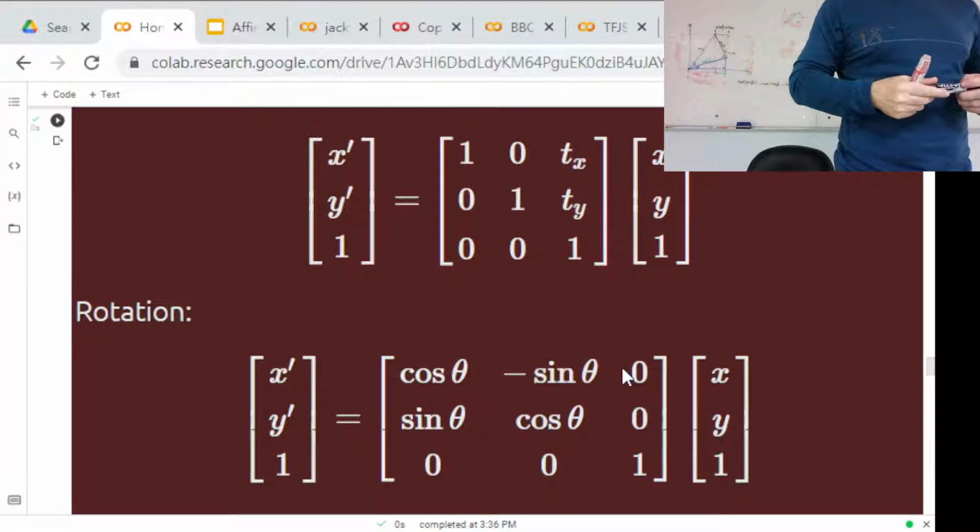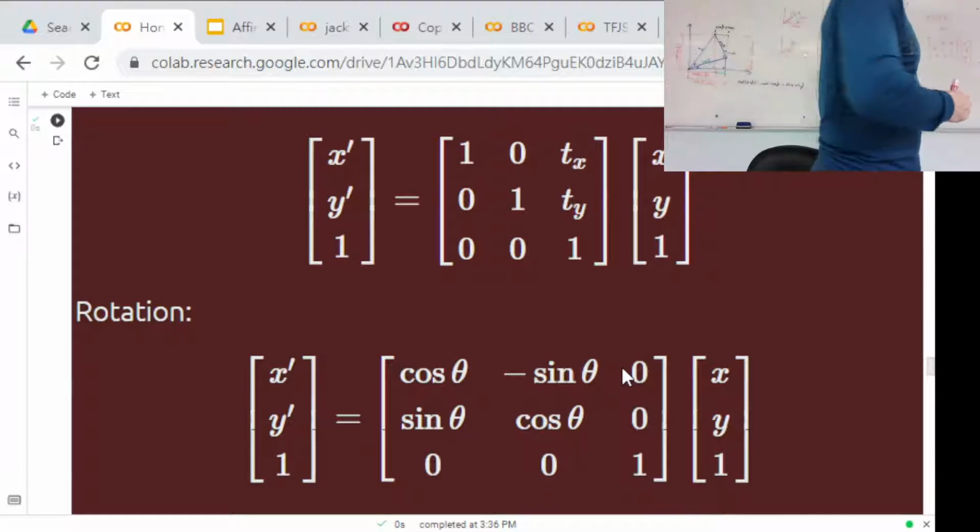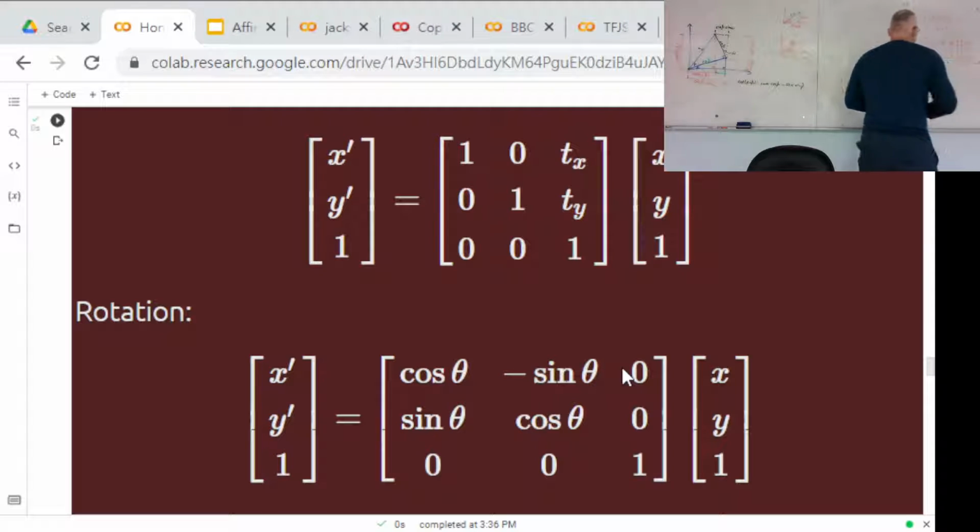So now I take the point and I rotate it by 30 degrees. Then what will happen? So first I translate, then I rotate. I drew this one too early here.